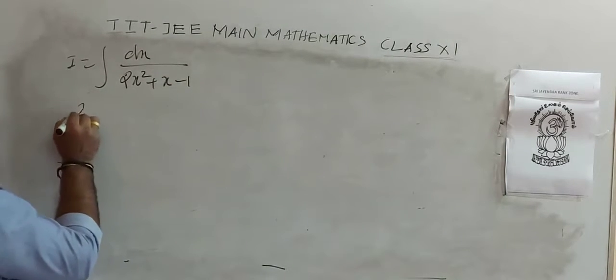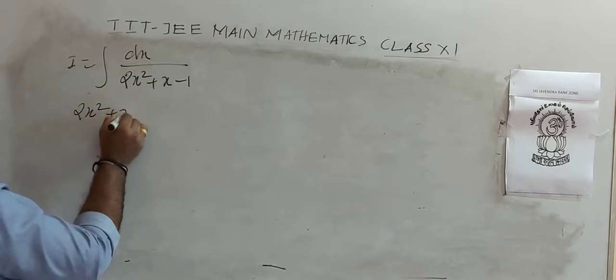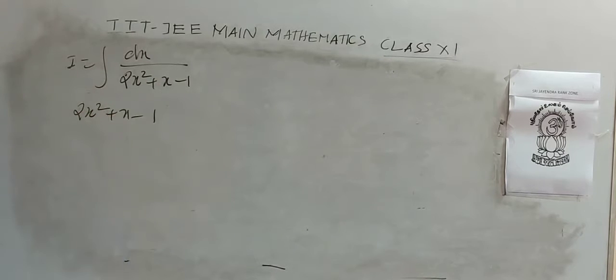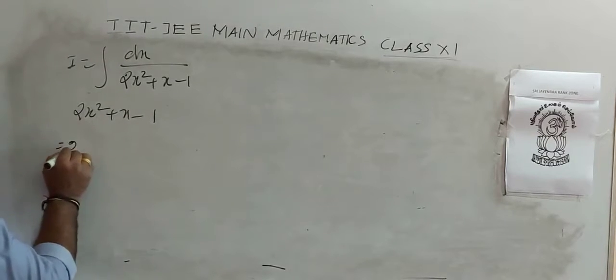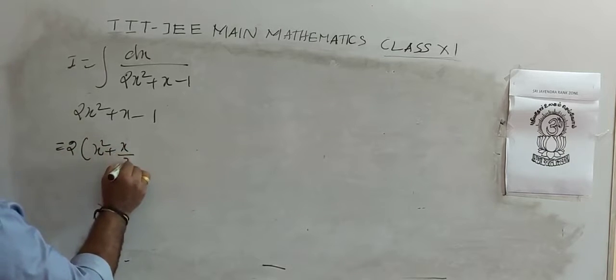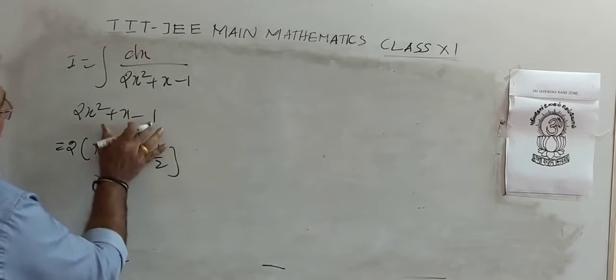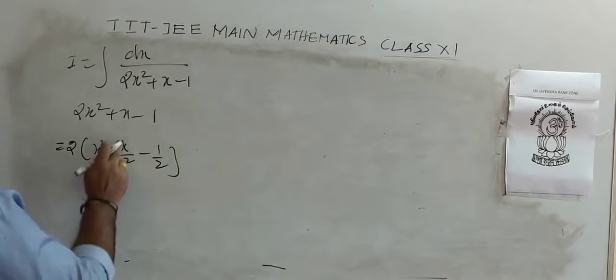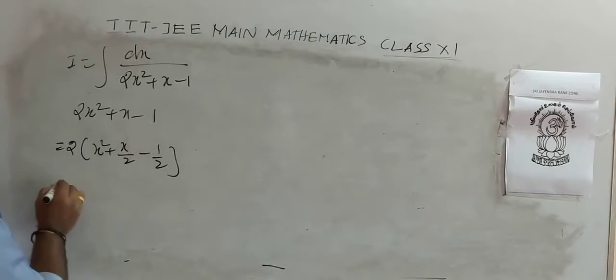So you take 2x squared plus x minus 1 and apply the perfect square. You write it as a sum or difference of two squares. You take 2 into x squared plus x by 2 minus 1 by 2.